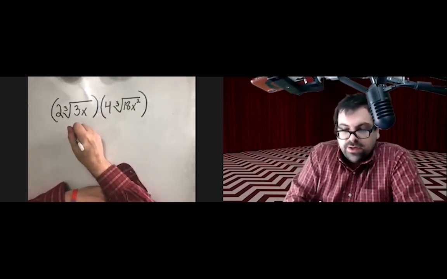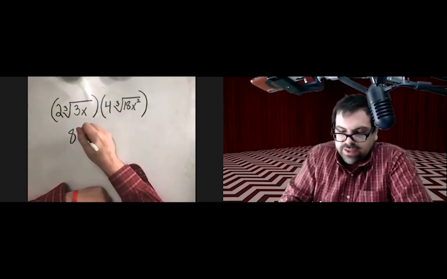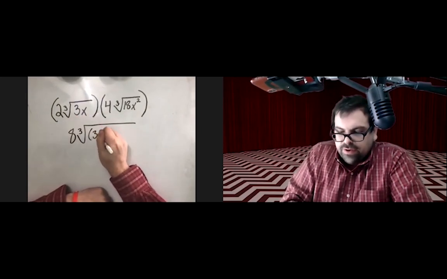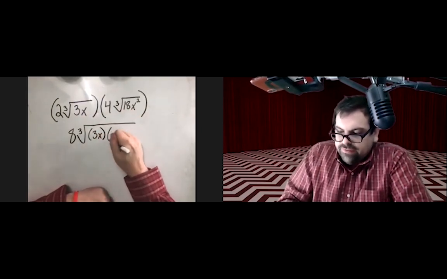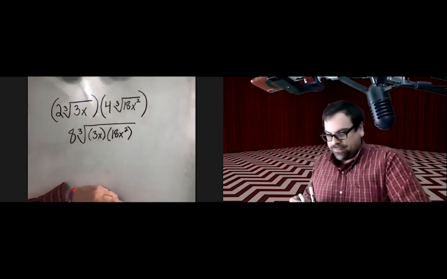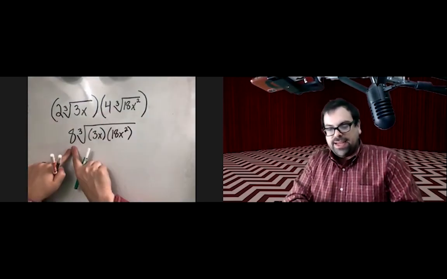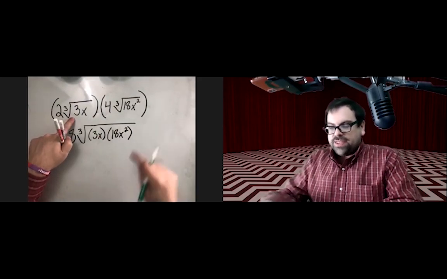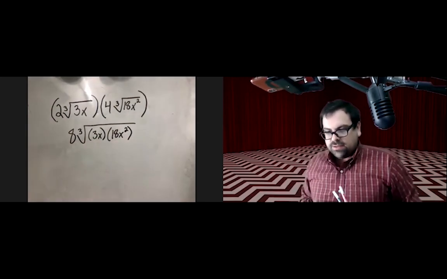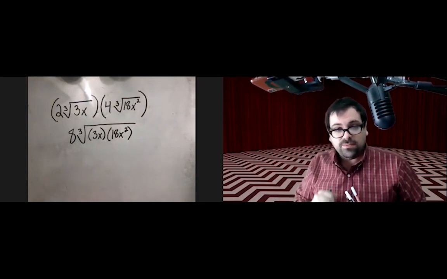Two times 4 is 8. And then the cube root of this stuff times the cube root of this stuff is the cube root of this stuff times this stuff. Can't do that with adding and subtracting, but multiplying, we can do that.